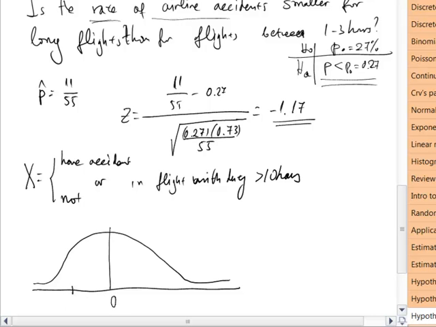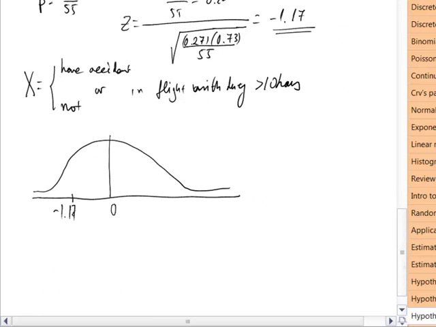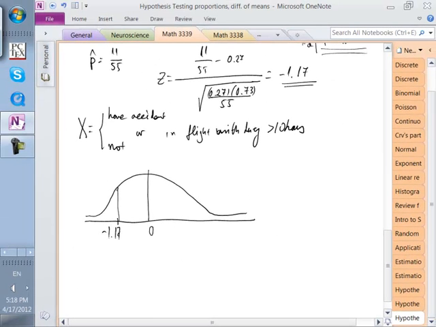And my statistic is negative 1.17. So I'm looking for the area under the curve and to the left of this critical value, negative 1.17, and that value is actually 0.12. So this is equal to 0.12.